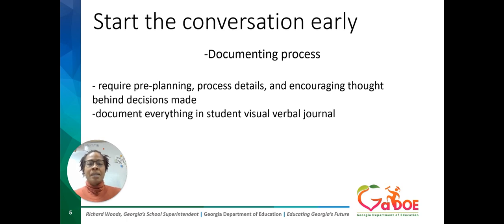So documenting the process, this is one big thing with AP. They want to see students' process, and you want to avoid talking about progress, but more so process, or at least having students know the difference between process and progress. So pre-planning, how are students getting their ideas?